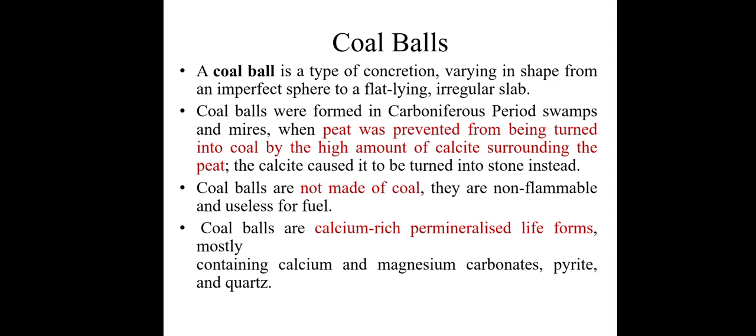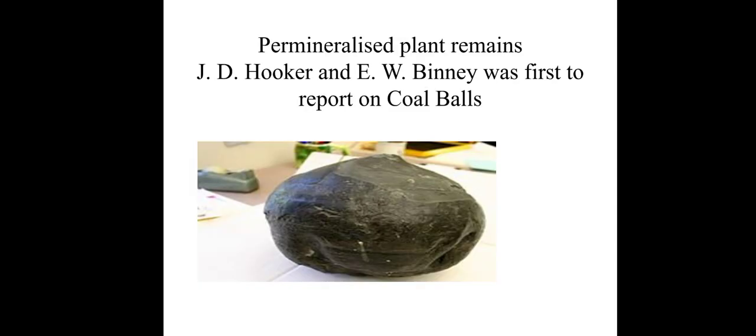These are not made up of coal. That's why they are non-inflammable and useless for fuel. In other words, coal balls are calcium-rich permineralized life forms, and most of the time they contain calcium, magnesium carbonate, pyrites and quartz.